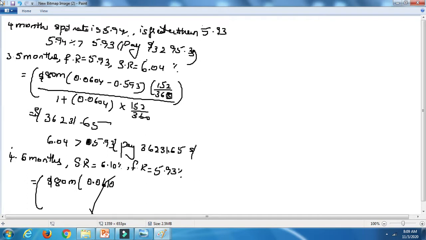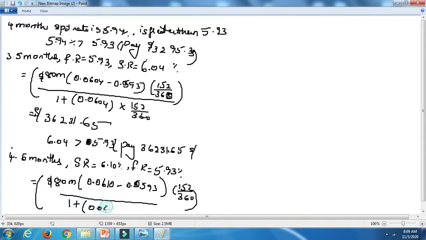minus 0.0593, 152 divided by 360, whole divided by 1 plus 0.0610 into 152 divided by 360.